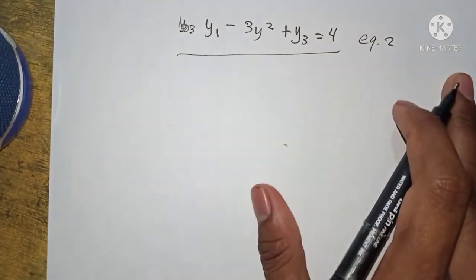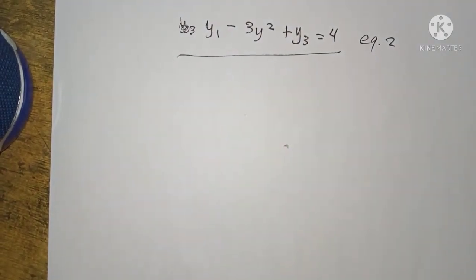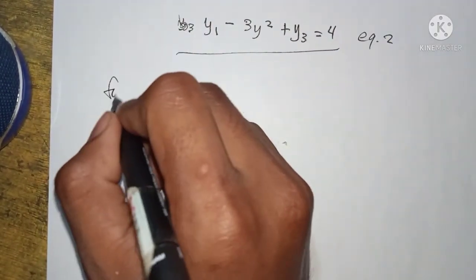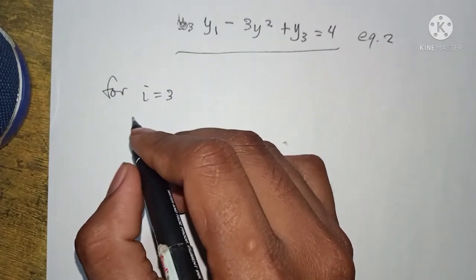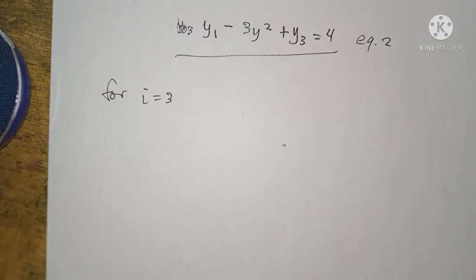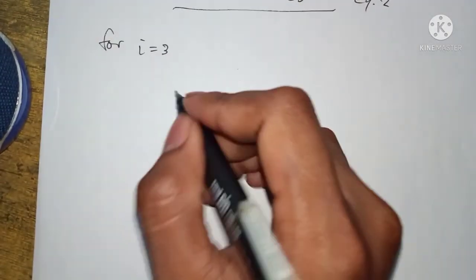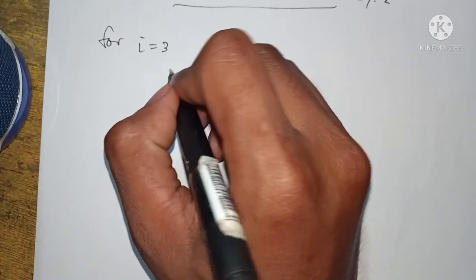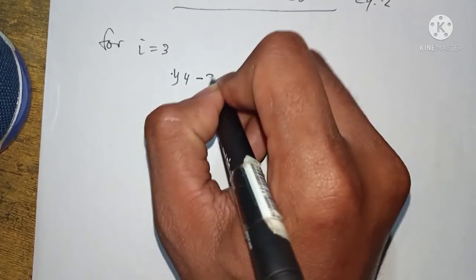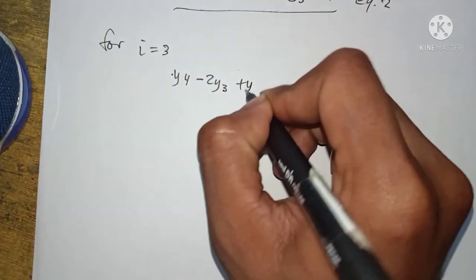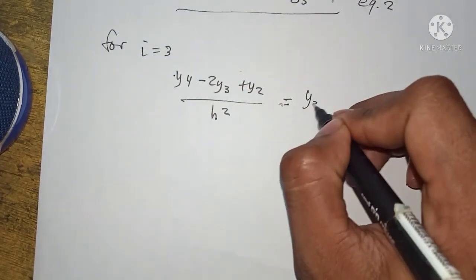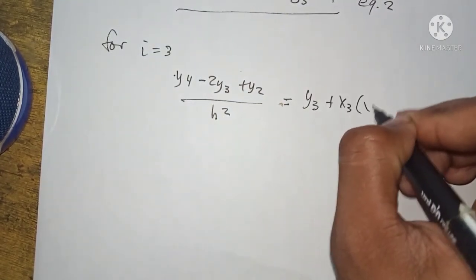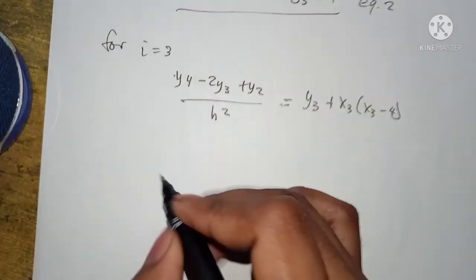For i equal to 3, copy the formula again: y4 minus 2 y3 plus y2 over h squared equal to y3 plus x3 times x3 minus 4.